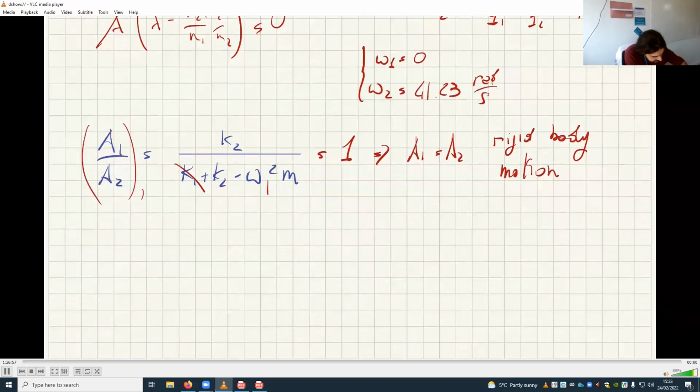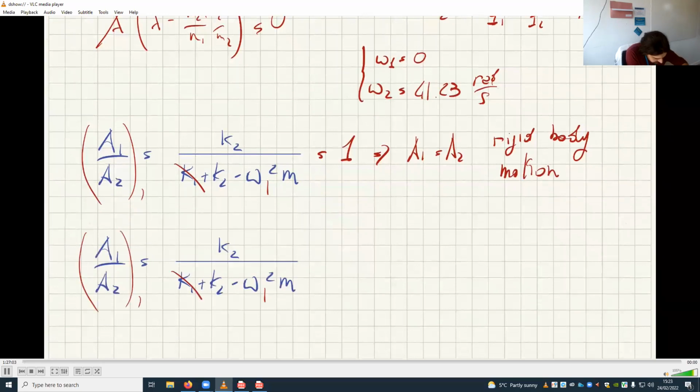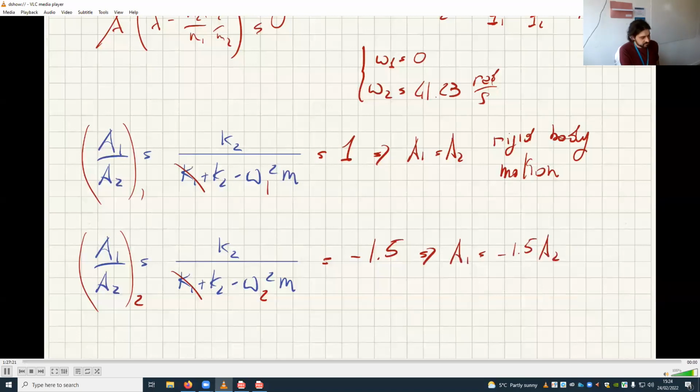If instead I take A1 over A2 2, which is the second mode shape, and the second mode shape uses omega 2, this gives me minus 1.5. Okay, I'm not doing the calculation. So that means that A1 is minus 1.5 A2.